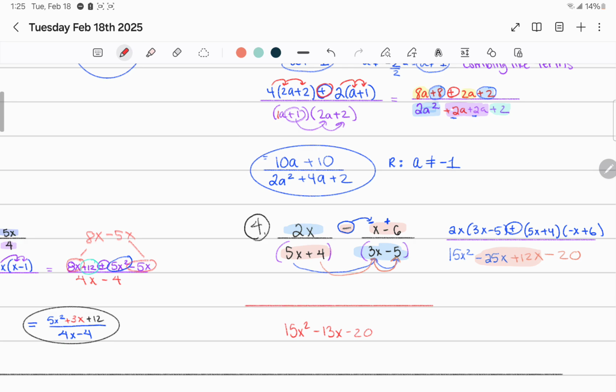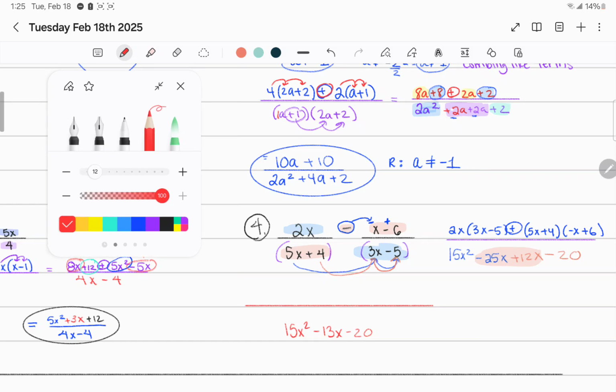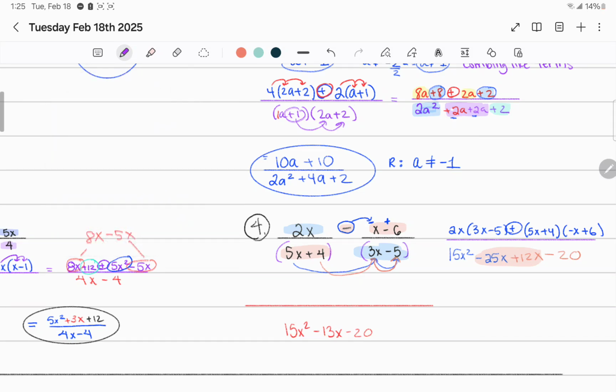Okay, so let's go piece by piece here. So 2x times 3x, that's 6x to the power of 2. Again, the 2 and the 3 have x's, so we add them.